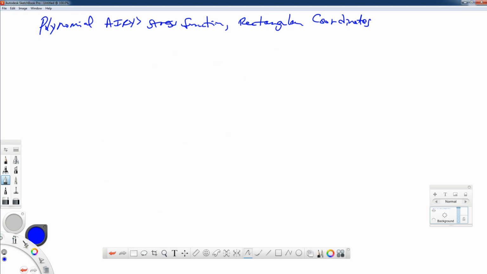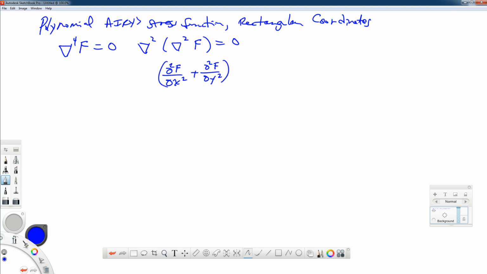So let's start out easy. Let's start out simple. Let's look at polynomial functions in rectangular coordinates. So remember we said del fourth f is equal to 0. And that's the same as doing del squared times del squared f equal to 0. Now, expanding this out, we would have the second partial of f with respect to x twice, plus the second partial of f with respect to y twice, and del squared operating on that.